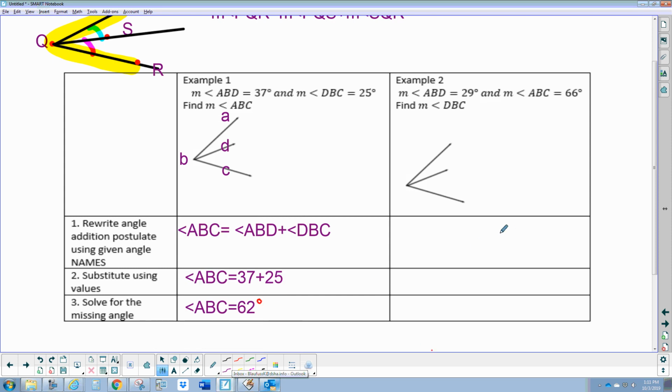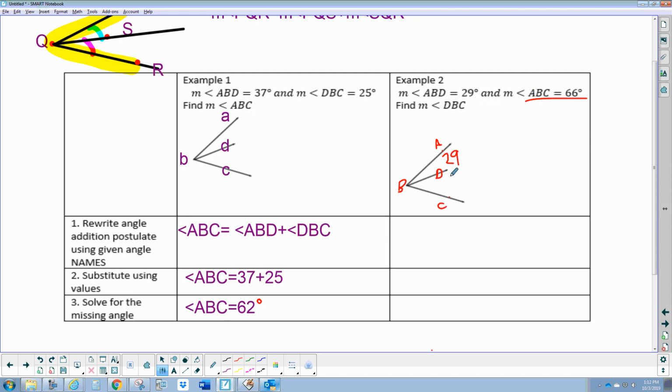Okay, so let's try the second one. It says the measure of angle ABD is 29 degrees, and the measure of angle ABC, that whole thing, is 66 degrees.